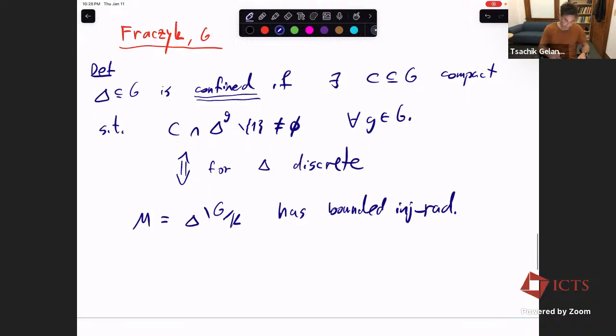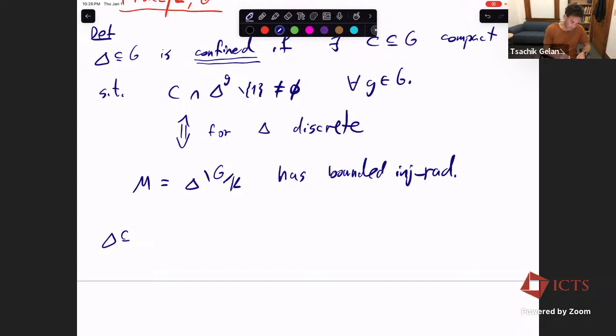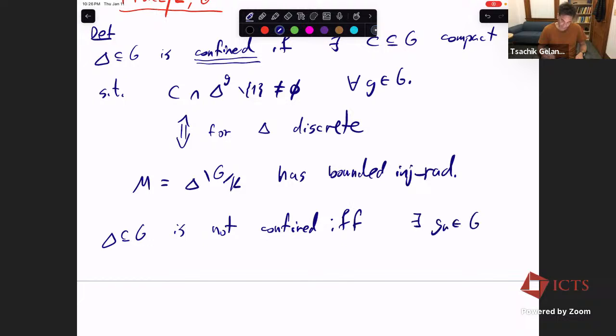And if you want, delta in G is confined if and only if it is not the case that there is a sequence g_n in G such that g_n delta g_n inverse, the conjugation, converges to the trivial group in the topology of closed subgroups, the Chabauty topology. So that's equivalent to being not confined.